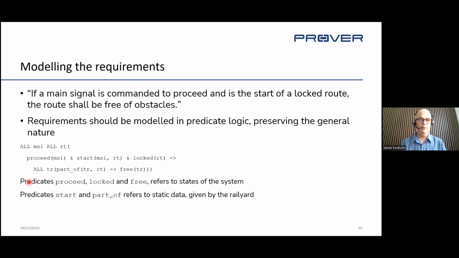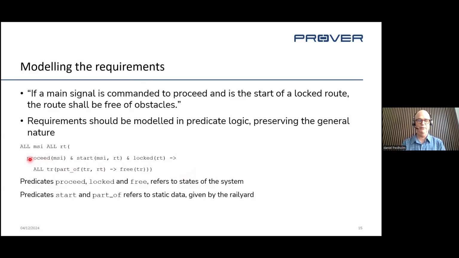It very much follows. And one should note here as well that the predicates that occur in the formula are of two kinds. We have proceed, locked, and free, which actually refer to states of the system. I mean, they will be dynamic. A signal will not always be at proceed.